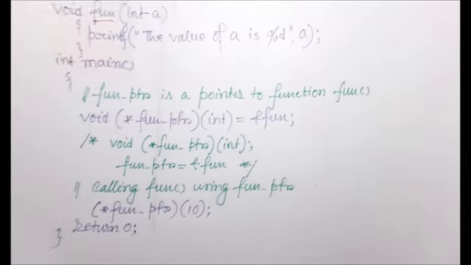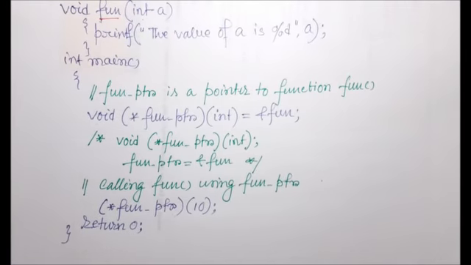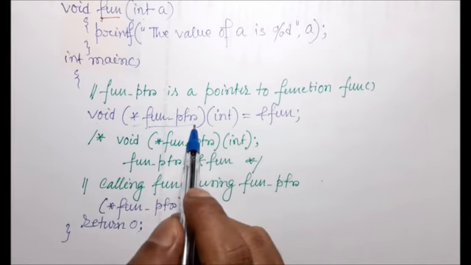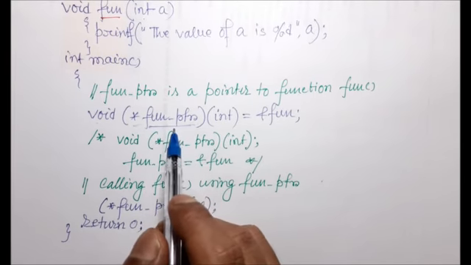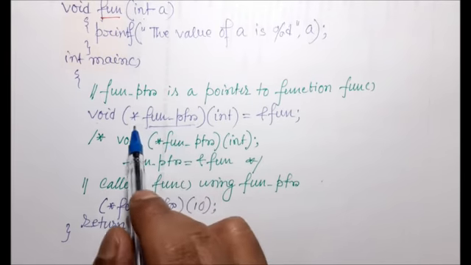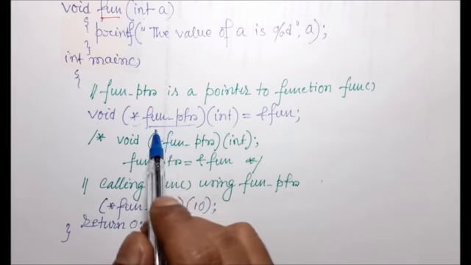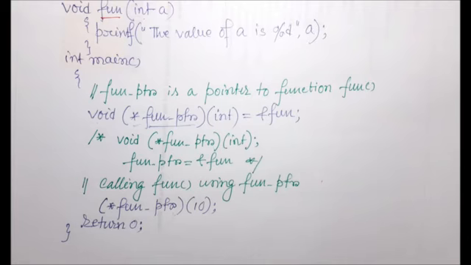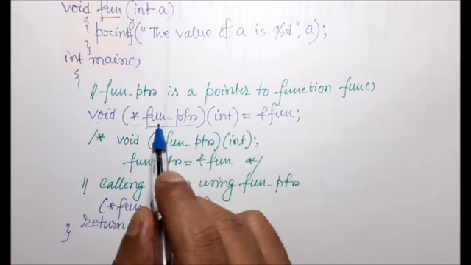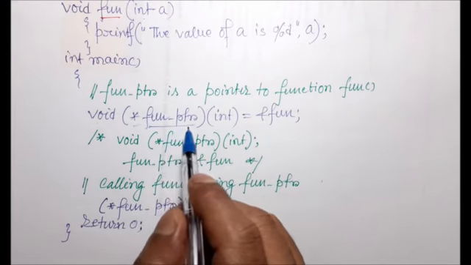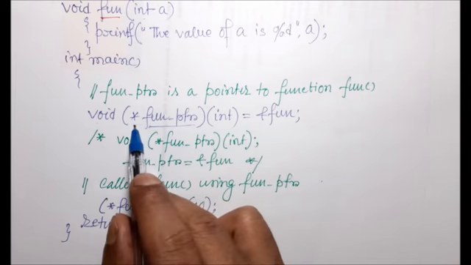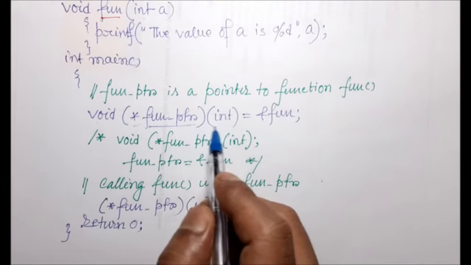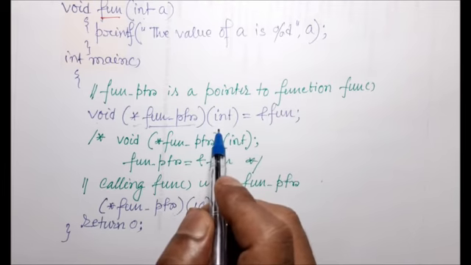Now compare with this one. Here my star means this is my identifier, or function name. And the star associated with this is my pointer to function. We have already discussed associativity. So we can say fun_ptr is a pointer, and the angle bracket means we already know that it's a function.